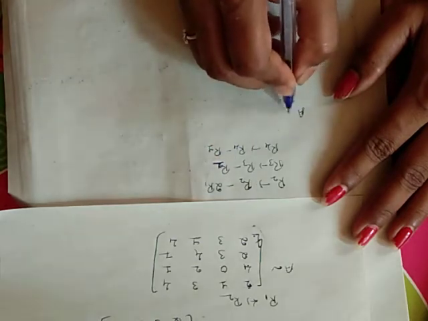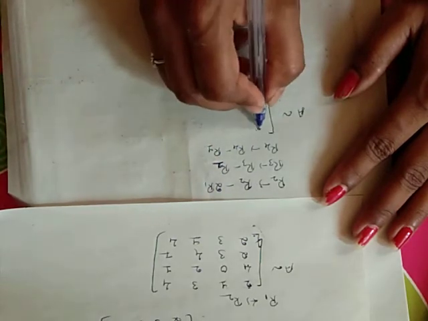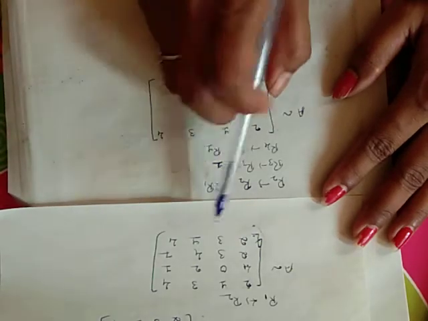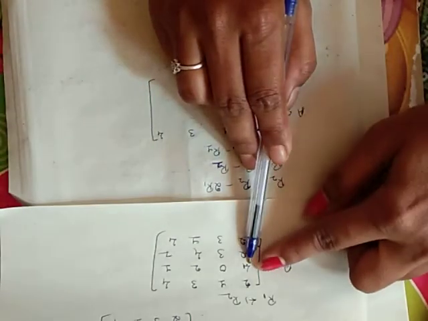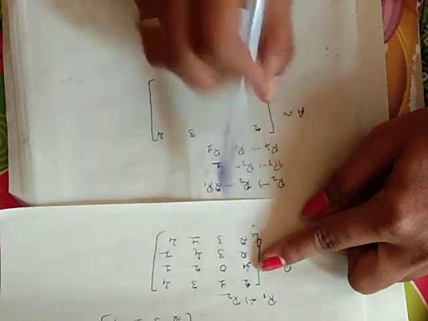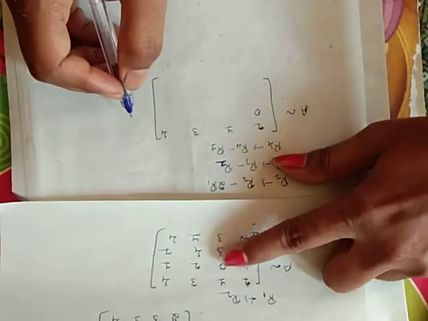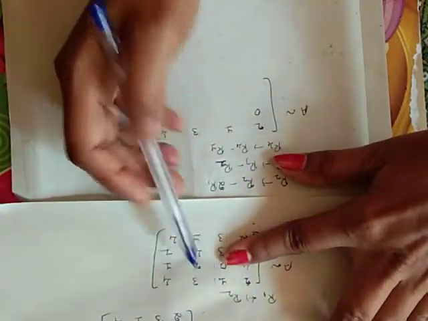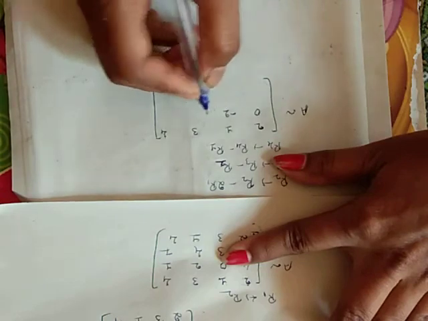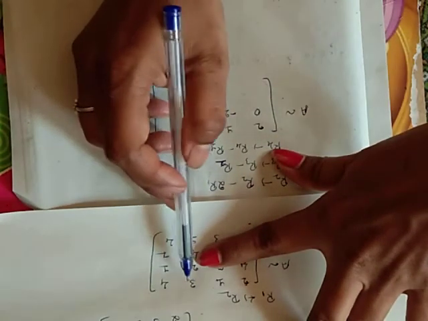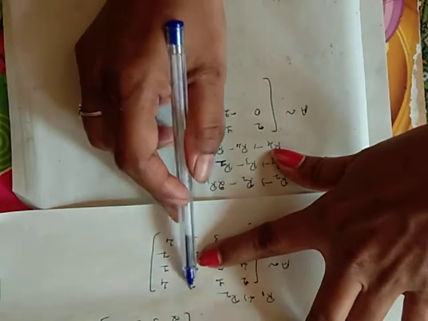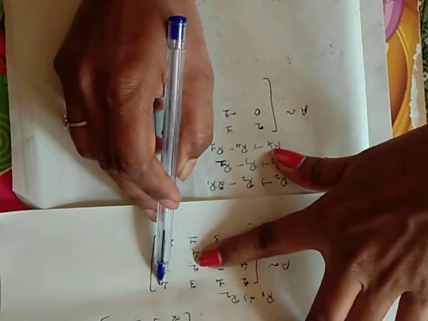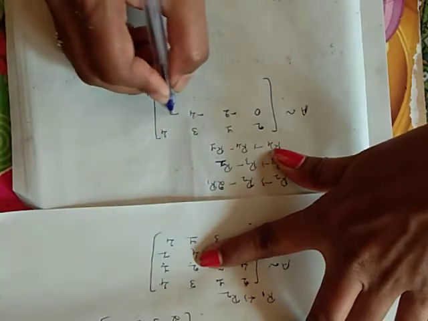So now your matrix is equivalent to, keeping the first row elements as they are: 4 minus 2 into 2, 4, 4 minus 4, 0, 0 minus 2 into 1, 2, 0 minus 2 is minus 2, 2 minus 3 into 2, 6, 2 minus 6, minus 4, 1 minus 4 into 2, 8, 1 minus 8 is minus 7.